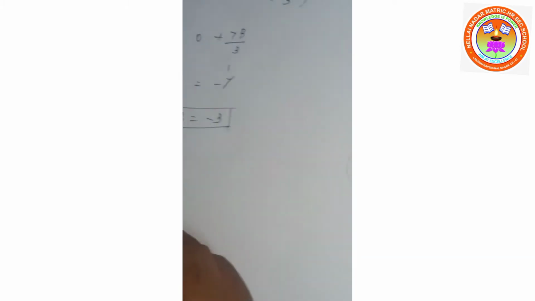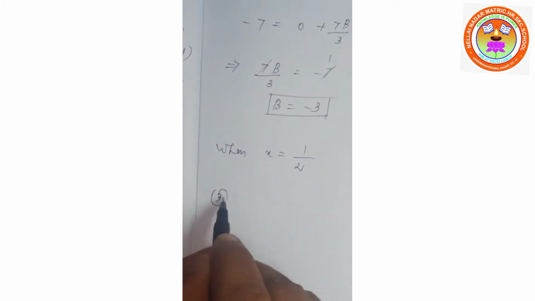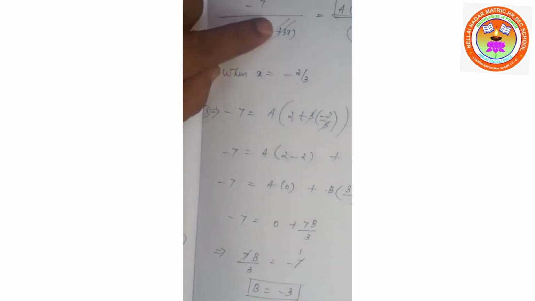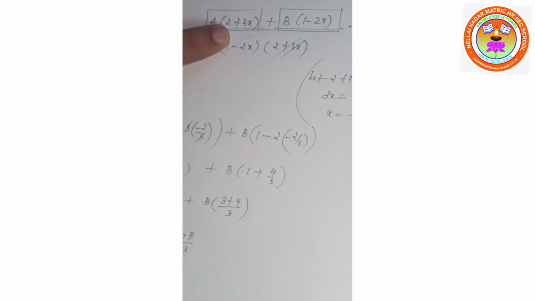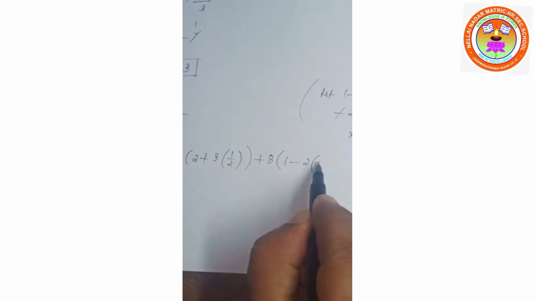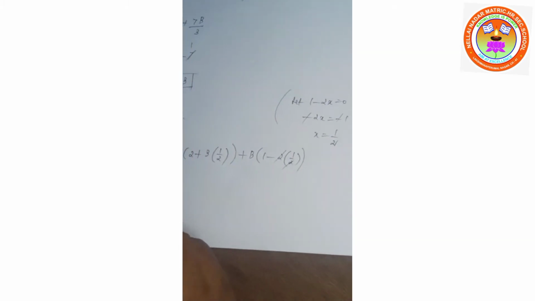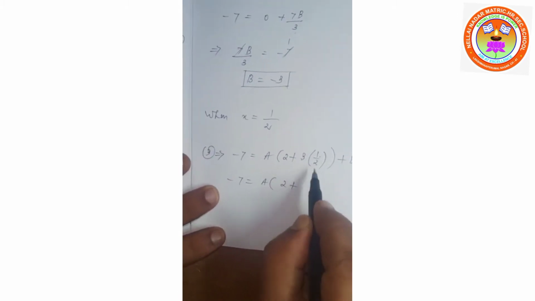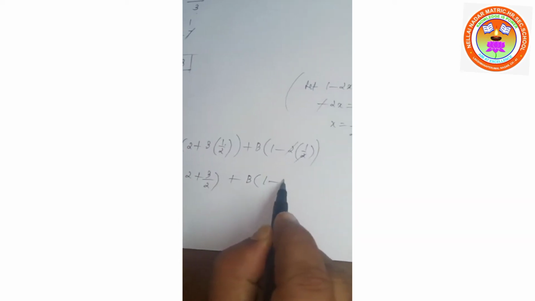So when x equals 1 by 2, in equation number 3, what is in the left hand side? Minus 7. a into (2 plus 3 into 1 by 2) plus b into (1 minus 2 into 1 by 2). 2 gets cancelled. Minus 7 equals a into (2 plus 3 by 2) plus b into (1 minus 1).